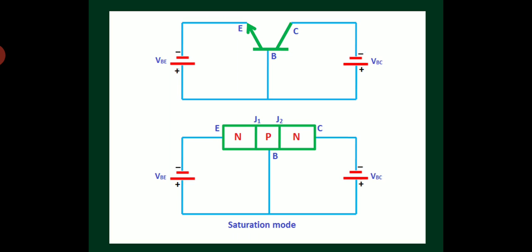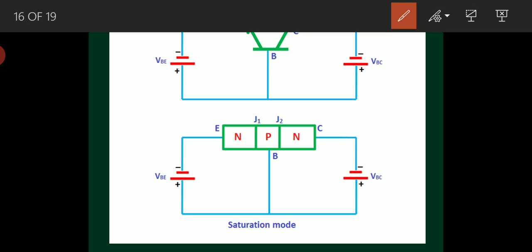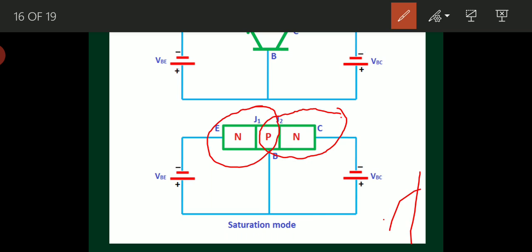When the transistor is operated in saturation mode, what will happen? As I said, I can assume the transistor as two diodes connected back to back. This is one PN diode and this is another diode.